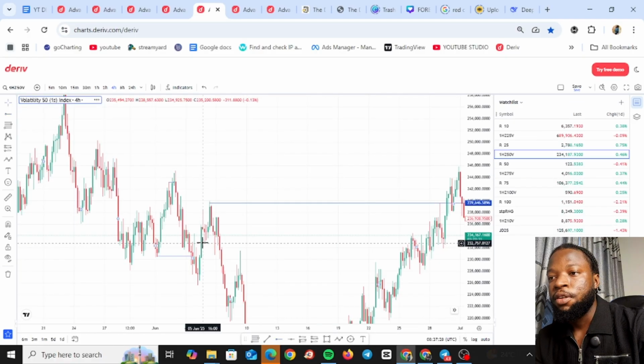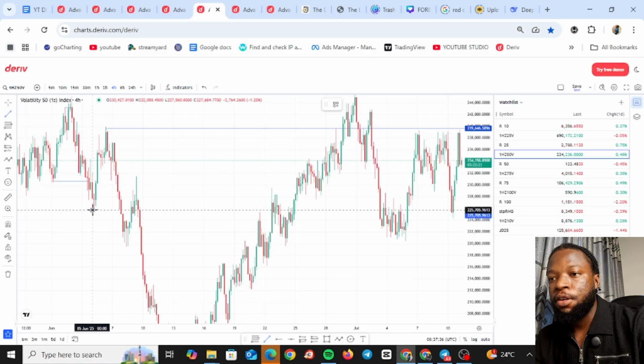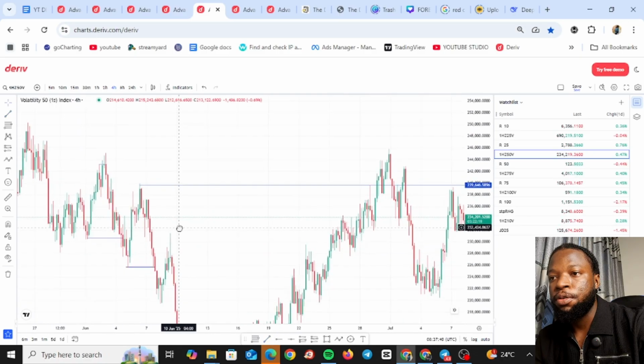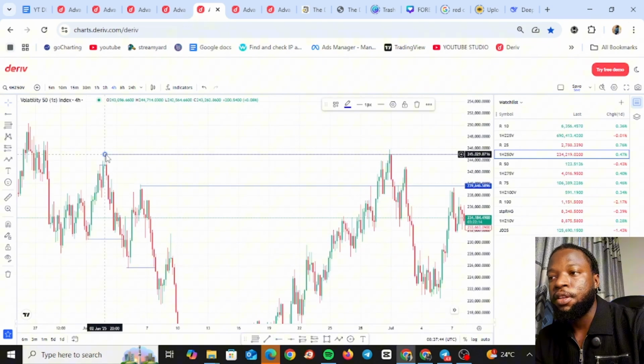This is the second break of structure, and then this is a protected high.